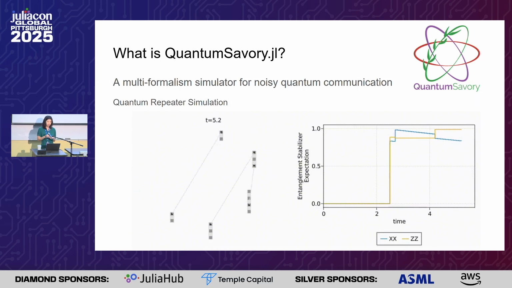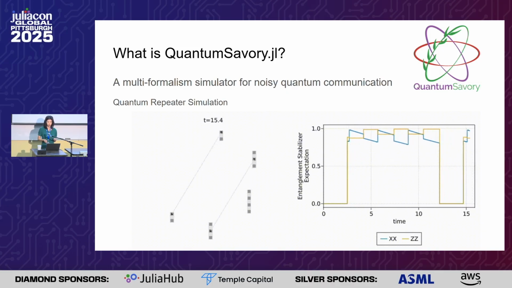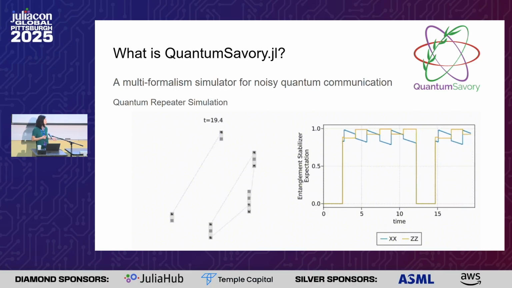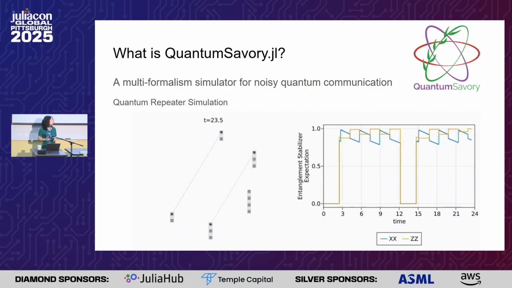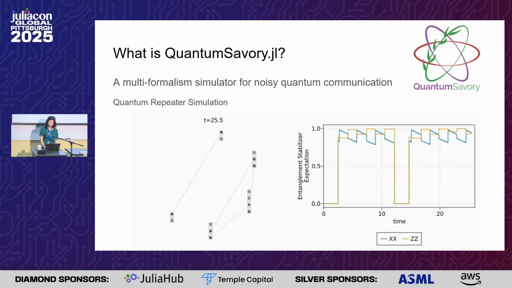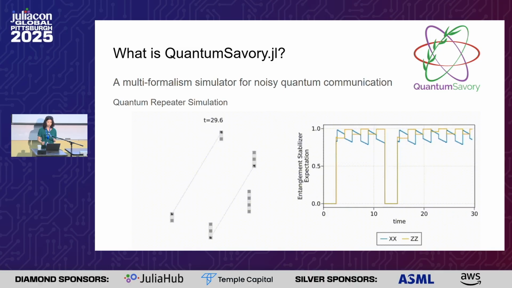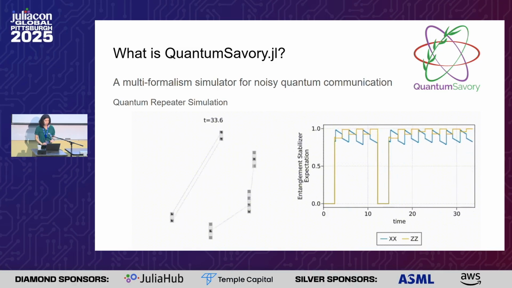As some of the previous presentations touched on yesterday, QuantumSavory is a Julia package designed for simulating quantum communications and network protocols. For example, you can use it to model a range of scenarios, such as the one here, a quantum repeater setup. In this case, the goal is to generate high fidelity entanglement between the end nodes, which are the ones over there.